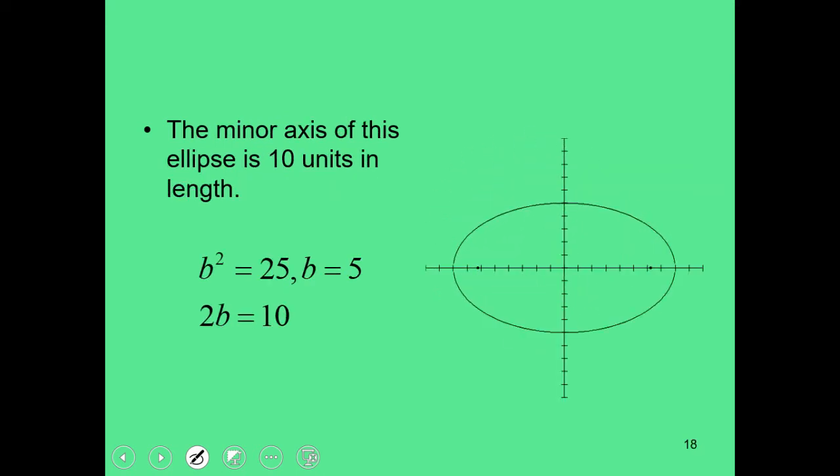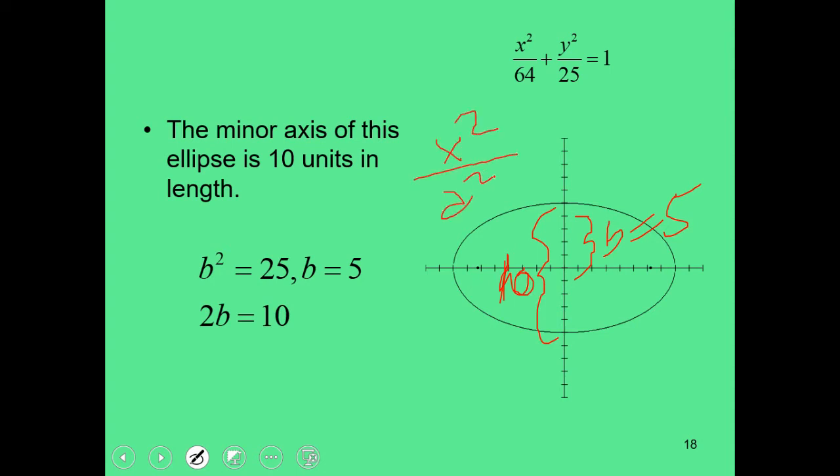Okay. The minor axis of this ellipse is 10 units in length. So kung 10 ang imong minor, pila man ang imong b? Katunga, di ba? So that is equal to 5. Okay? So using the formula nga naghigda, x squared over a squared plus y squared over b squared is equal to 1.